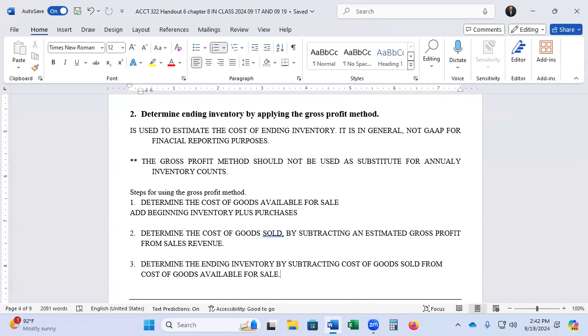So on our old cost of goods sold statement, you'd have beginning inventory, you'd add your purchases, and that would give you your cost of goods available for sale.